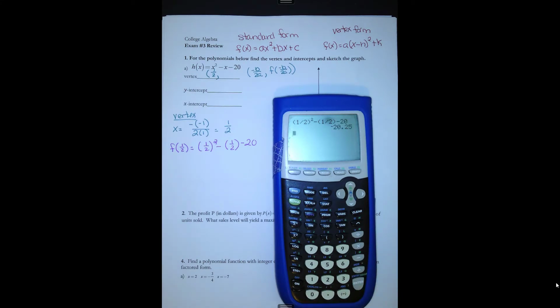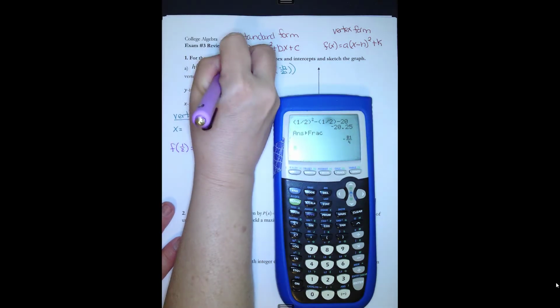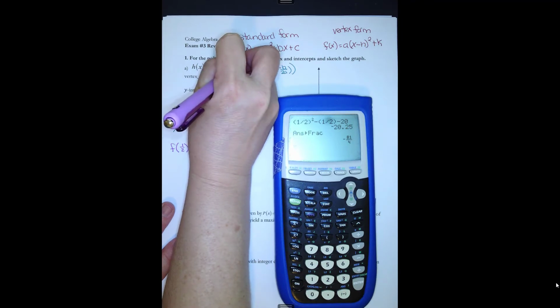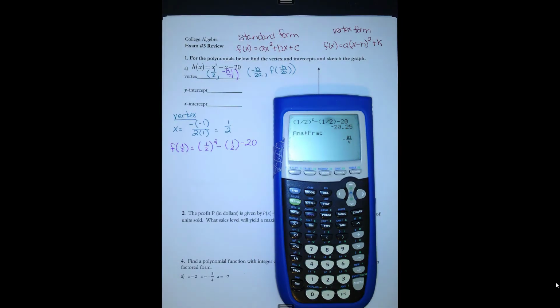And once again, we do not like these decimals. We're going to go math, enter, enter, change that to a fraction, and that is negative 81 over 4. So that happens to be the vertex of our quadratic.